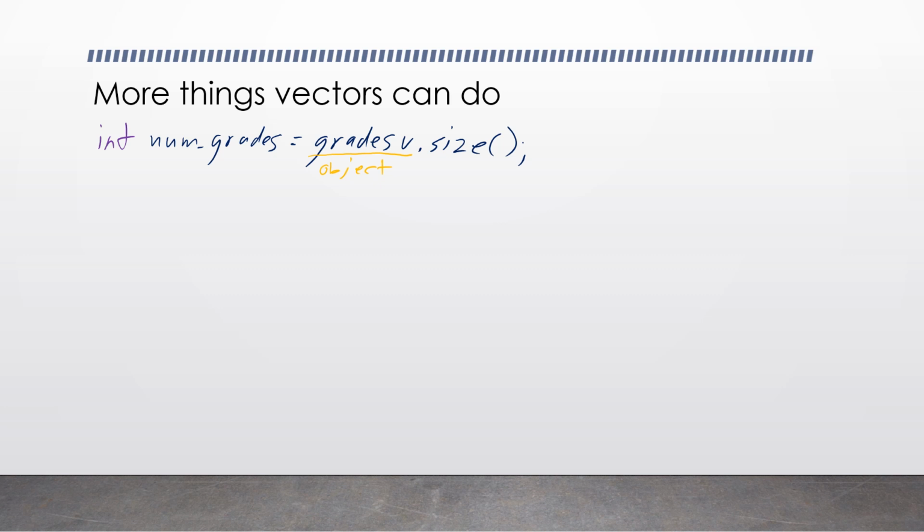Okay, an object holds data, but it also has what we call methods, things that can operate on that data. Size is a method. And the way you call a method is you call its object, put a dot, and then call the method like it's a normal function with parentheses after it. So grades_v dot size calls the method that figures out how big grades_v is.